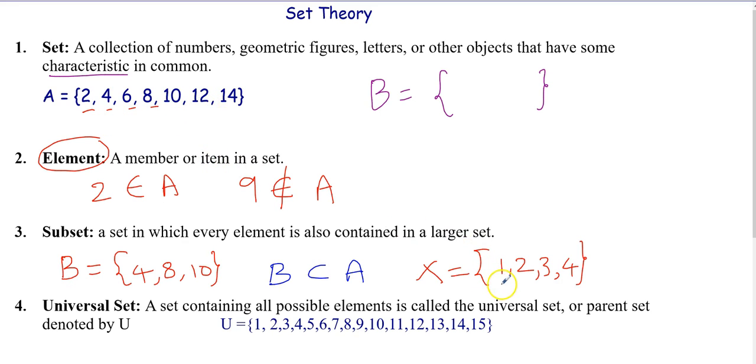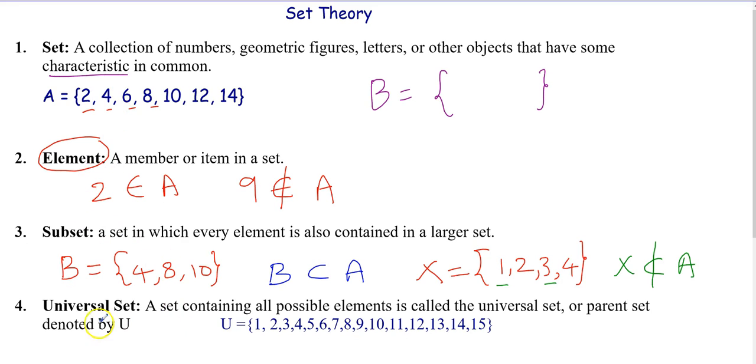But X has 2 elements which are not present in A. So I cannot conclude that X is a subset of A. It can't be a subset. Even though you have a lesser number of elements, we have to make sure that every element of this set is also an element of the bigger set.